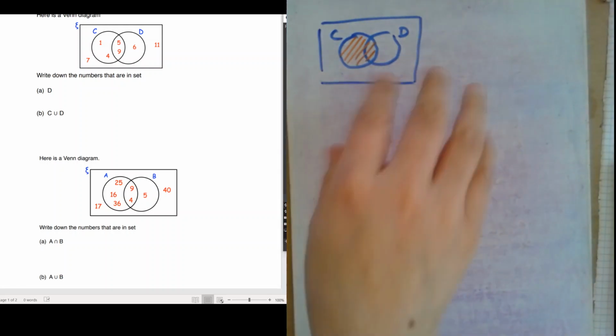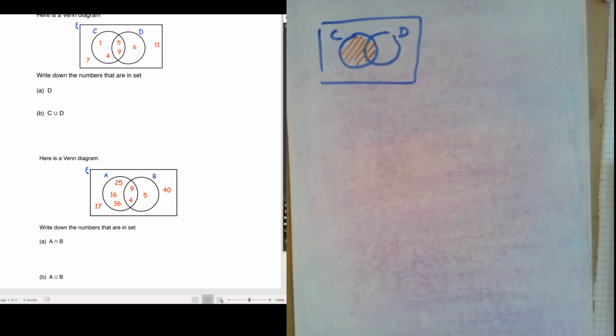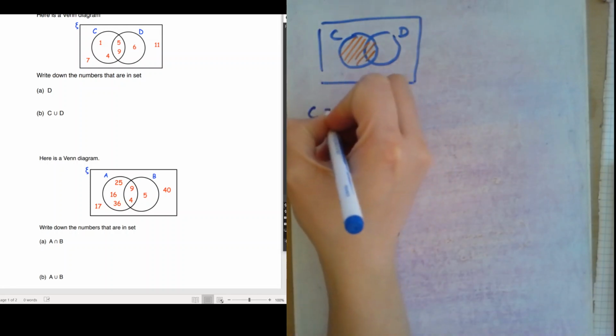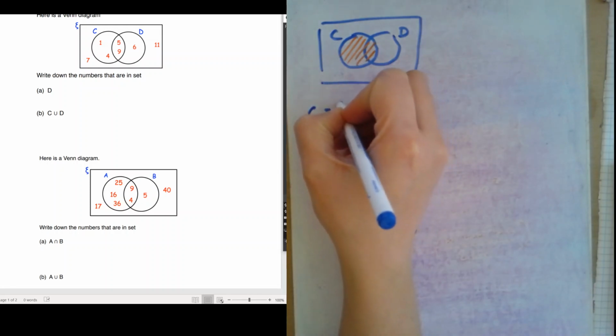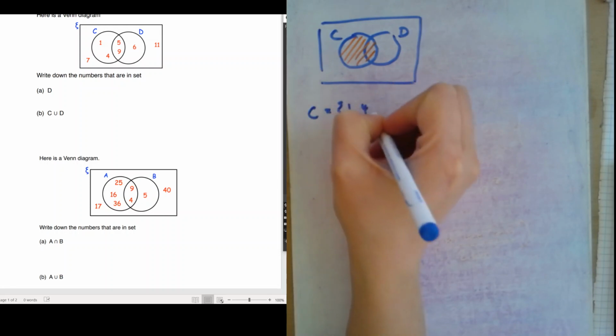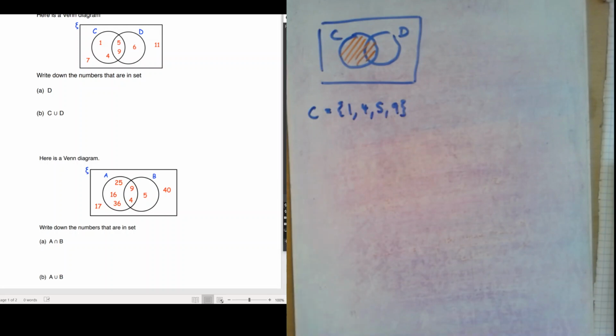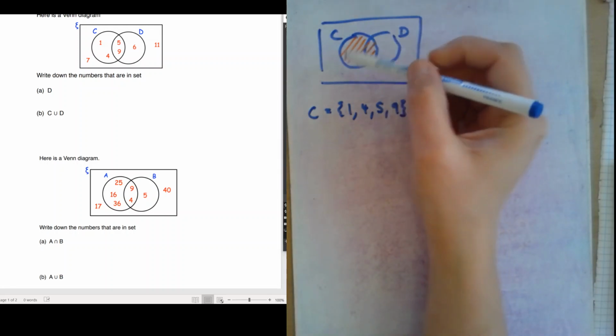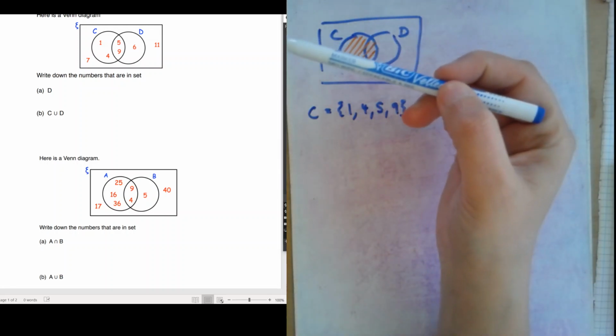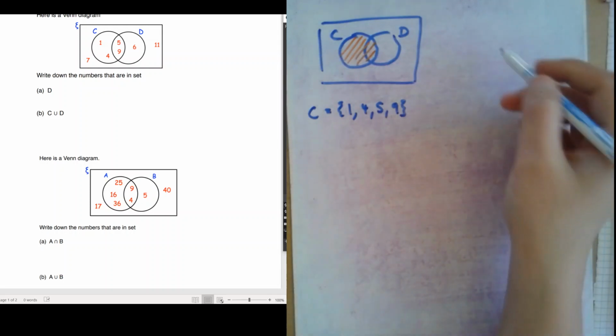So C would then be the set of 1, 4, 5, 9. Okay, so it's everything contained within that circle. So I've literally just written down everything within that circle.